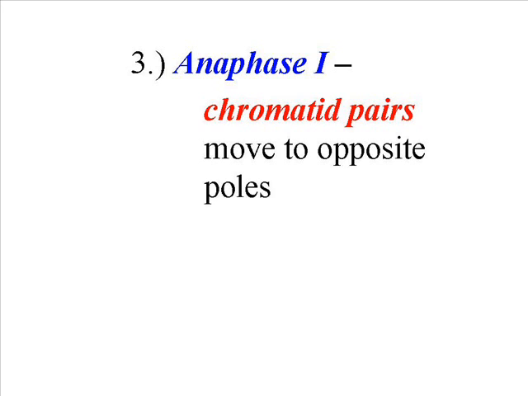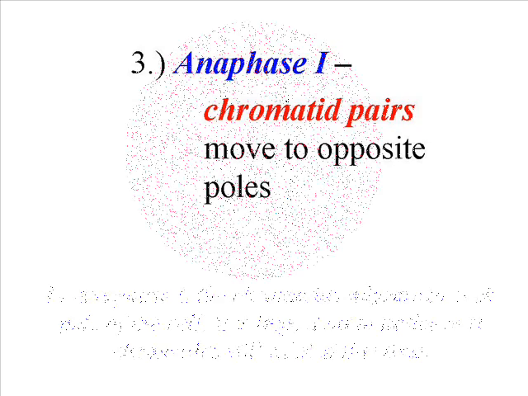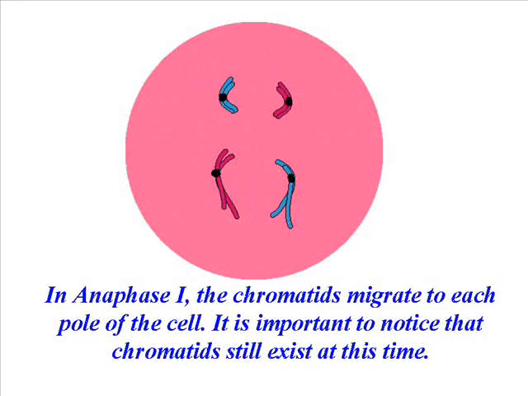Now, with anaphase 1, just like before, the chromatids will begin to separate. What makes this, again, different from mitosis is we're keeping these chromatids intact.